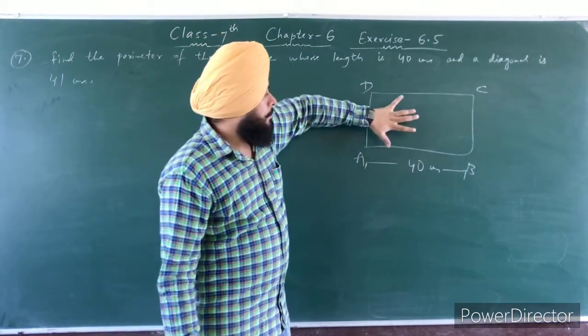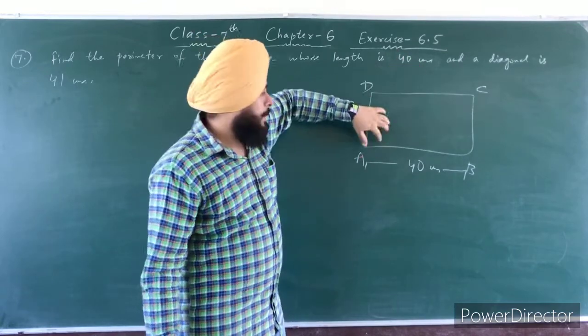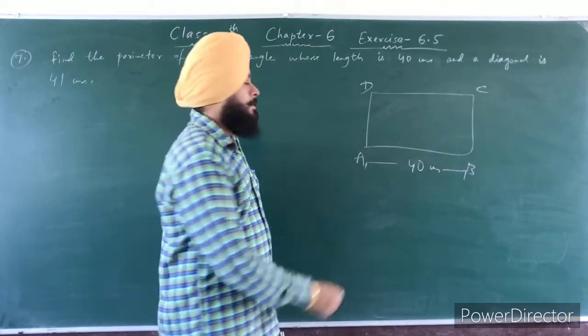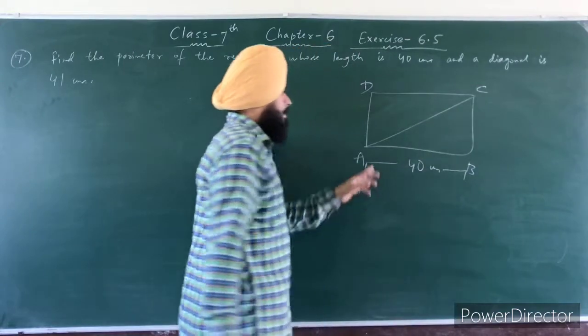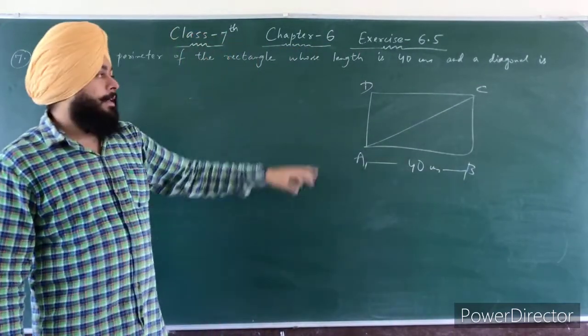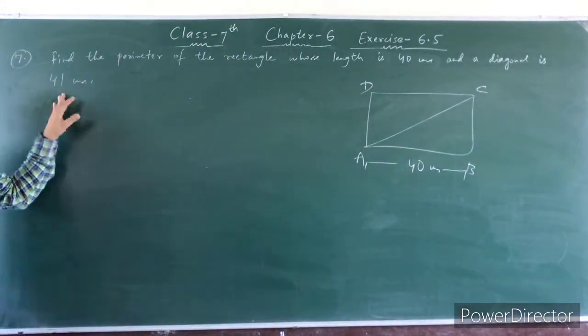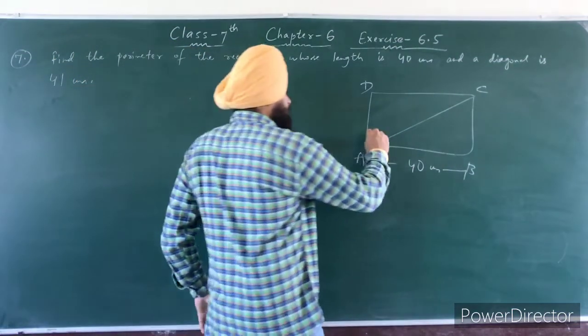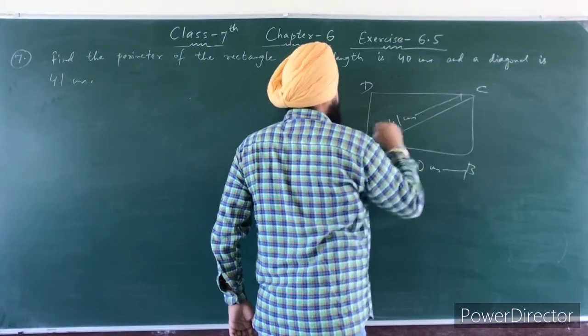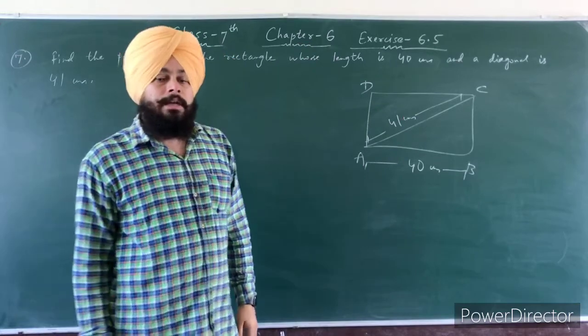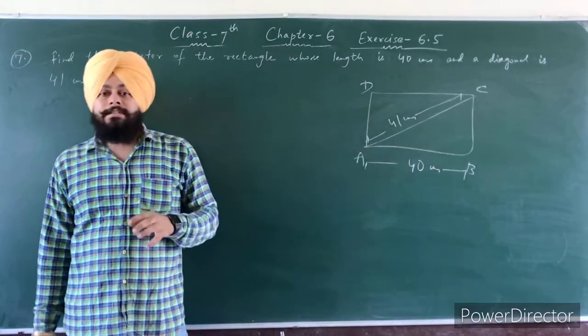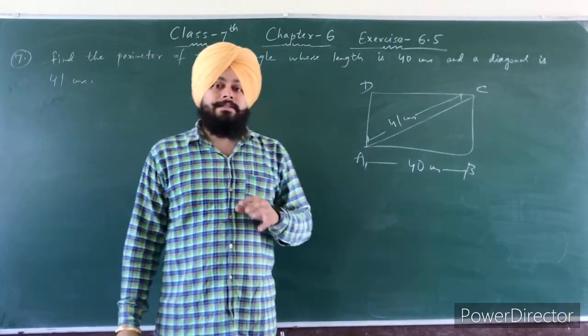You have to join any one of the diagonals. So I will join diagonal AC, and the length of the diagonal is 41 cm. Clear, students? We know that each vertex angle of a rectangle is of measure 90 degrees.